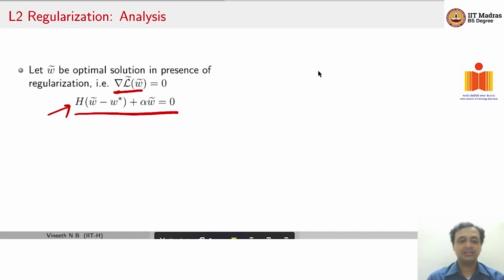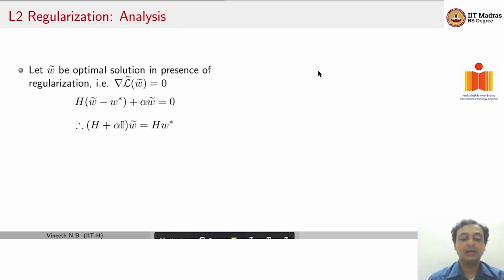Since that's 0, this also ought to be 0. Now let's rearrange the terms a little bit. Let's group all the w tilde terms. That would give us H plus alpha I, because when you add it, you have to make it a matrix. So we have to put alpha I here to ensure that alpha is added to every diagonal element of H. You're going to have (H plus alpha I) times w tilde is equal to H w*.